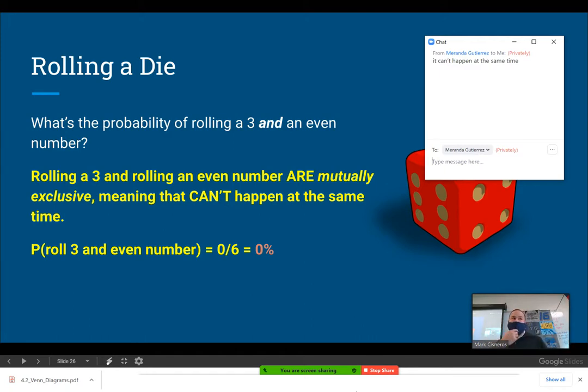But the answer wouldn't be 4 out of 6 still. Say it, Claudia. What if you change and? That's exactly right. You would change and to or. If we changed and to or, it would say, what's the probability of rolling a 3 or an even number? Now your solution is correct. Now it's 4 out of 6. But the fact that we wrote that and in there makes it incorrect. Okay? Makes sense? You see this wording here?